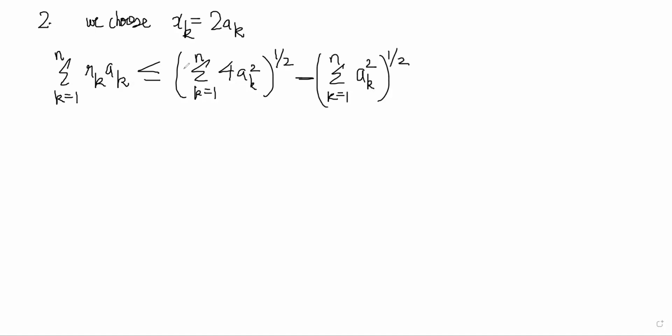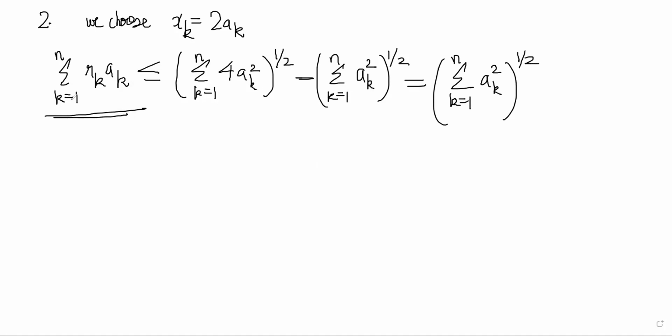So the 4 comes out, becomes a 2. So this is equal to 2 ak square summation minus 1 ak square summation. So that is simply ak square summation k goes from 1 to n to the power half, right? So we are getting from here that summation of rk ak is less than equal to this, right?